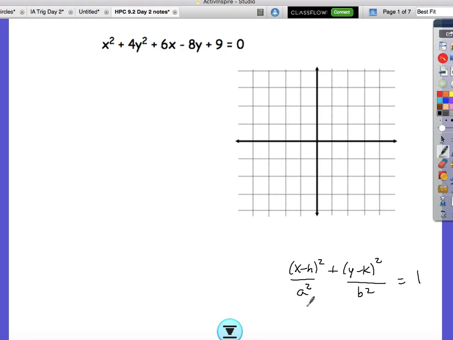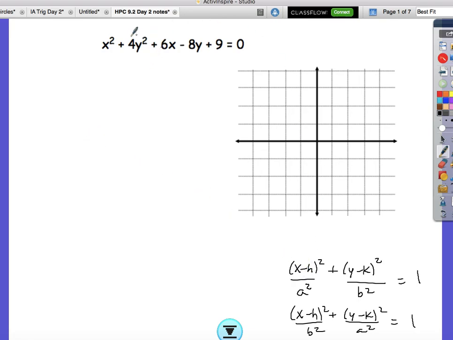And if it is vertical, you're going to have the a squared under the y's. So in any case, this does not look like these. I do know that's an ellipse though, because the x's are squared and the y's are squared.